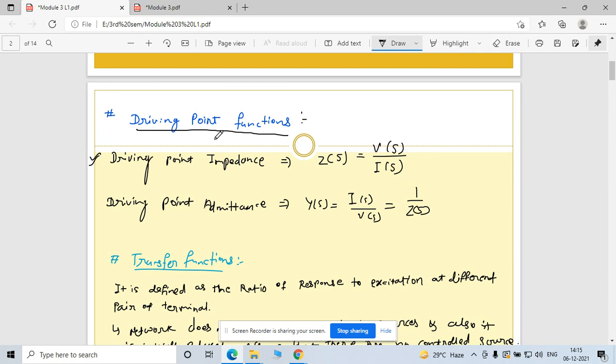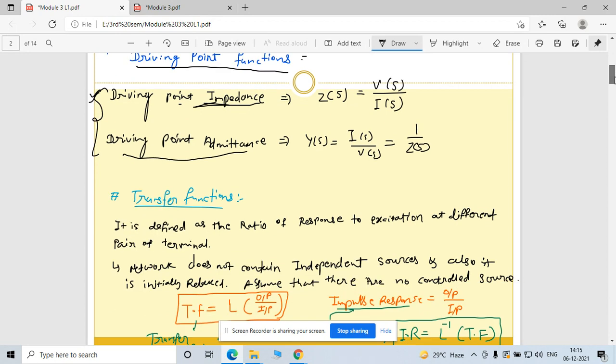Take the terminology driving point impedance: you have to find out the impedance. So how to find it? The voltage across the port network to the current for the same port network, right? You will find this impedance. Same way, how to find the admittance? Admittance is nothing but the response of current to the response of voltage. I hope there is no doubt about these two terminologies, right?